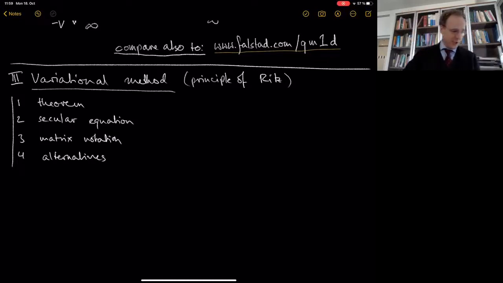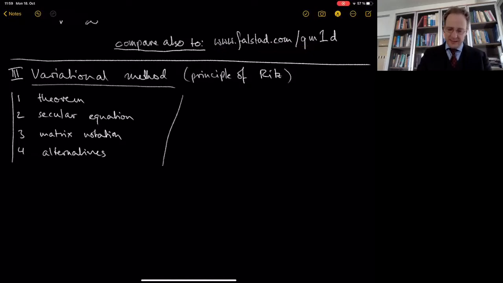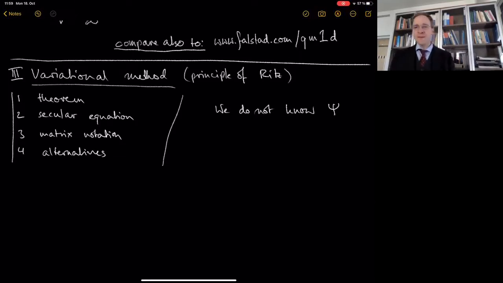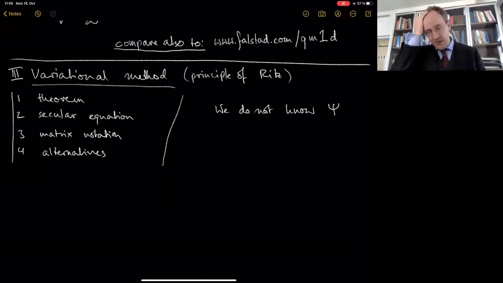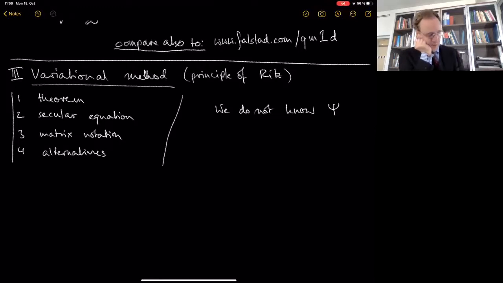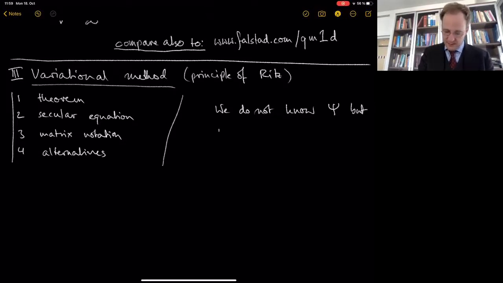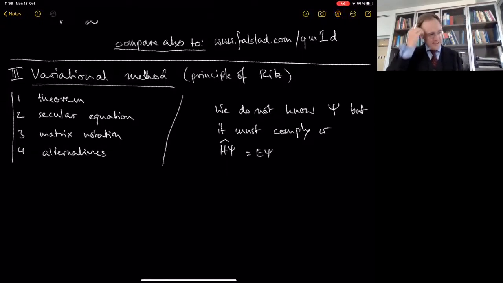Yeah, so we don't have much time here, but basically the point is we do not know psi, right? We do know that psi must in general offer us eigenvalue equations with the Hamiltonian, in particular in the case of the time-independent Schrödinger equation, right? Okay, so that's something we know.